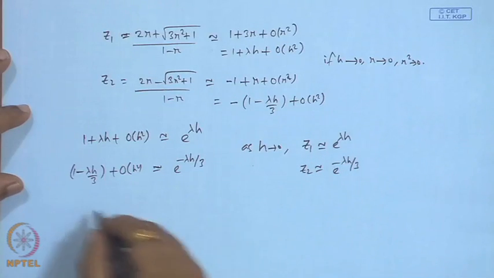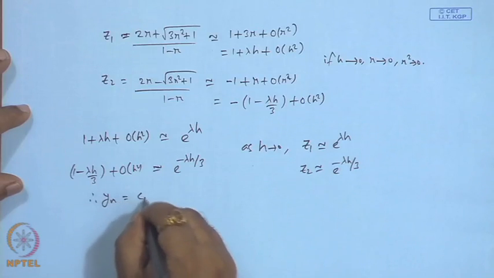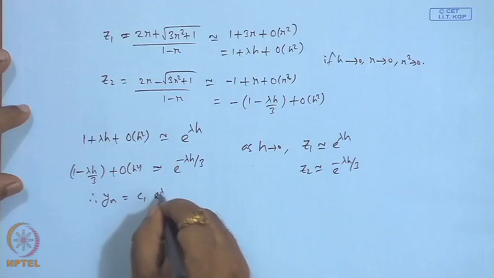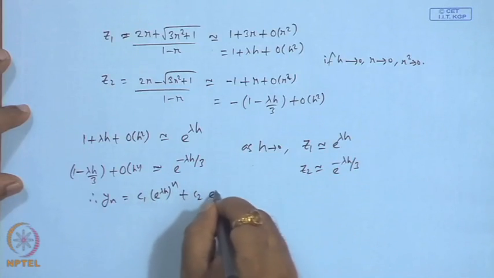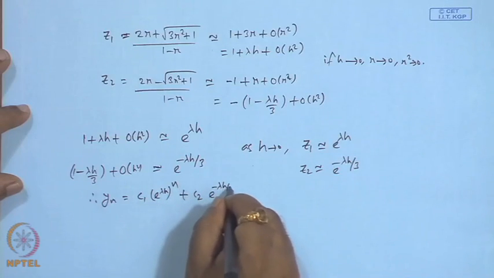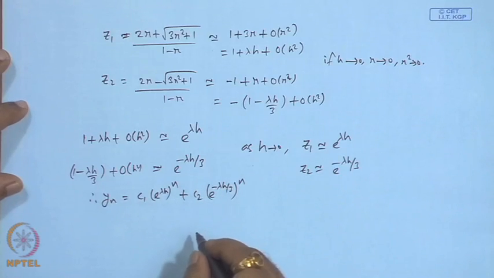Okay. So, therefore, y n equals C1 z1 power n plus c2 z2 power n.